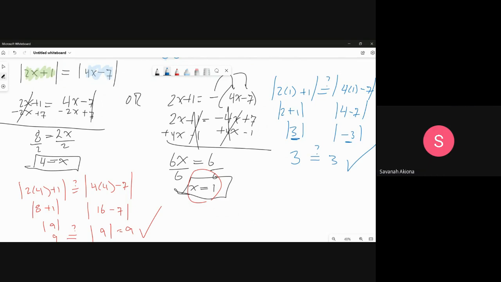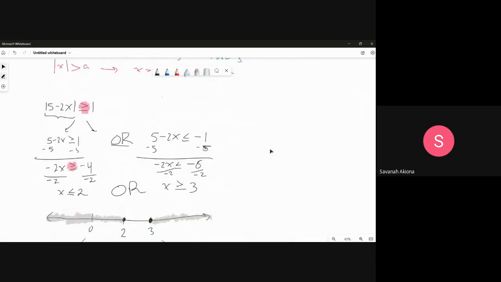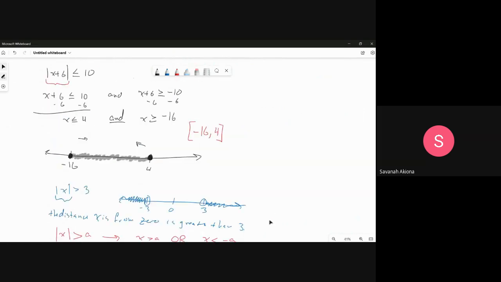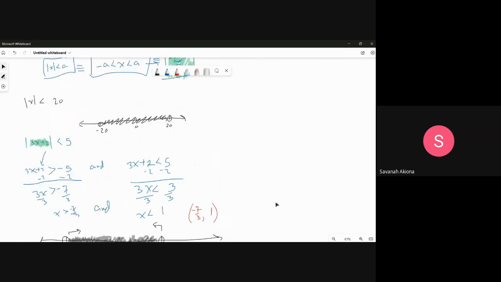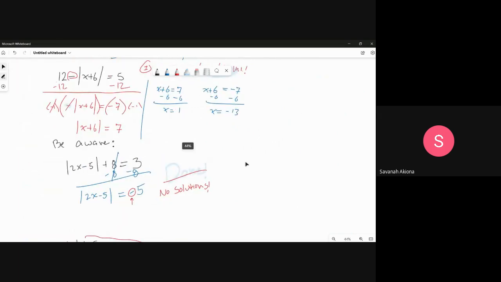Sorry, I just wanted to clarify on the other problem where you said there was no solution. If there is any type of equation where the absolute value of something equals a negative number, then there's no solution whatsoever because absolute value is a positive number.